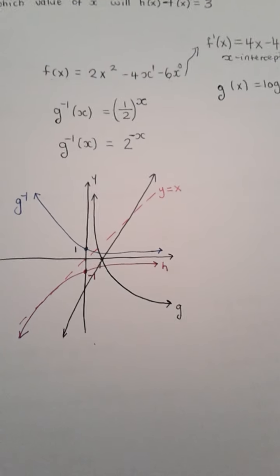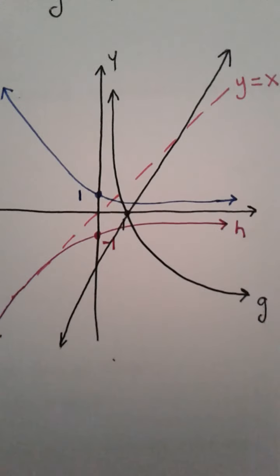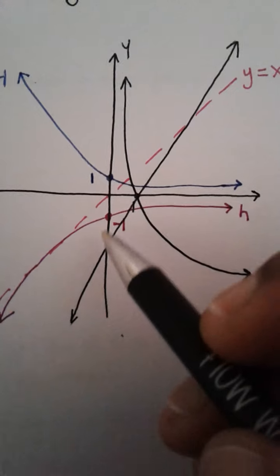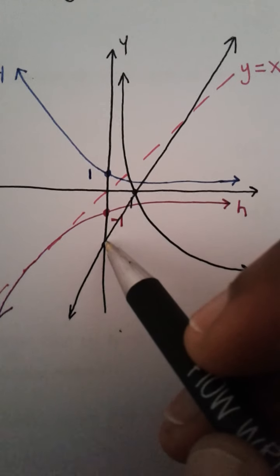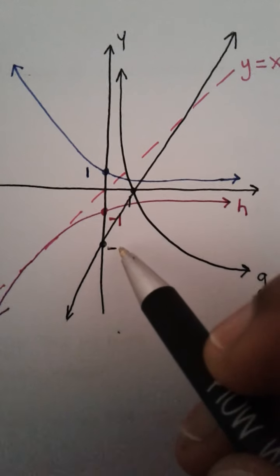Okay, it's not accurate, but at least I got it to intersect at 1. So this value here is minus 4. That's the y-intercept.